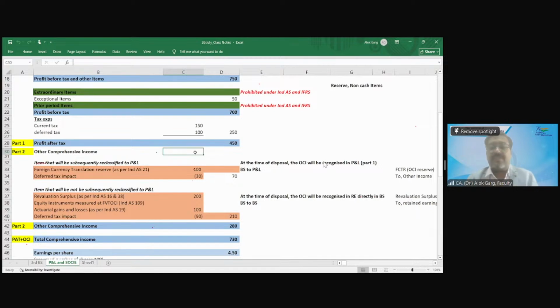And what is the concept of this other comprehensive income? Let me tell you. The presentation format is given in Schedule 3 and the guidance is given in Ind AS 1.